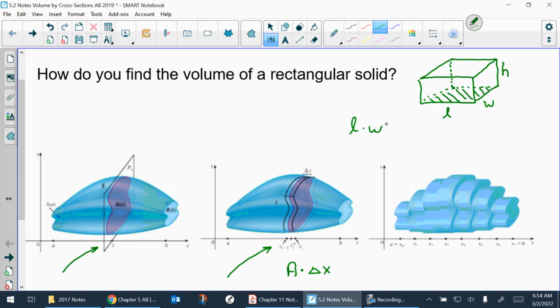And then when you multiply by the height, what you've got is the volume. Volume is area of a slice times the thickness of that slice.